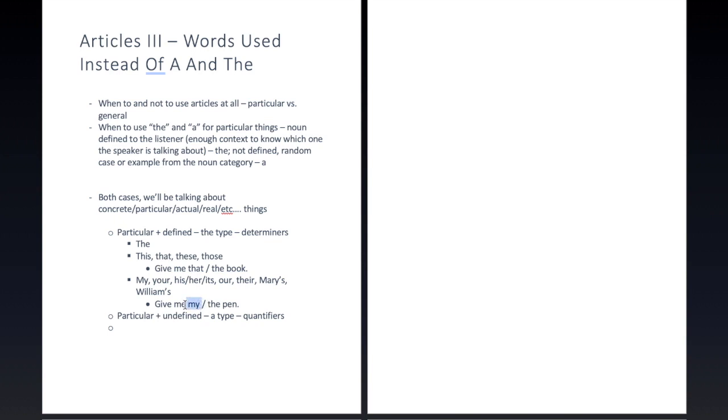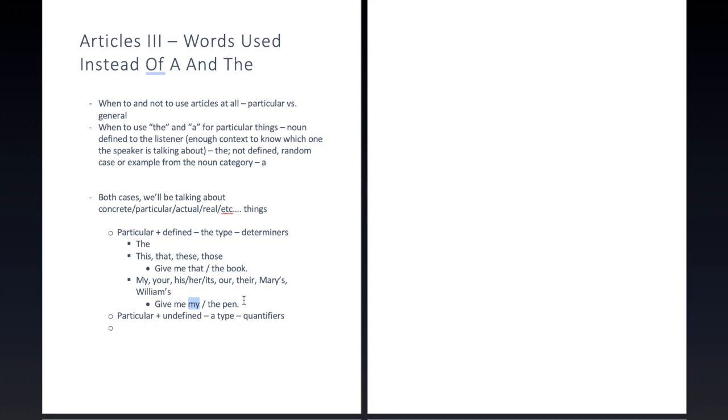And so using the word my adds a little bit more information that would be necessary in that case to make that thing defined to the listener, and to make it a thing that is known to the listener.